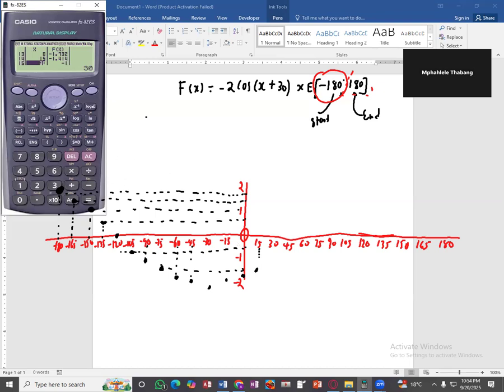It's here. And then you have 45 and minus 0.5. 45 and minus 0.5 is somewhere here.